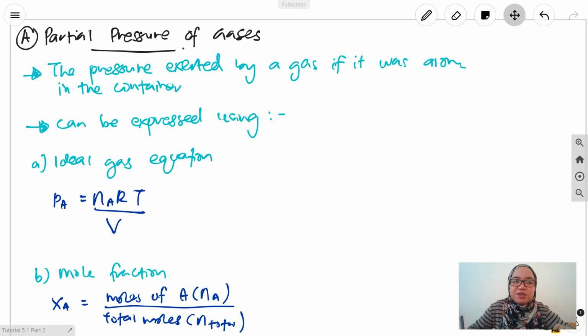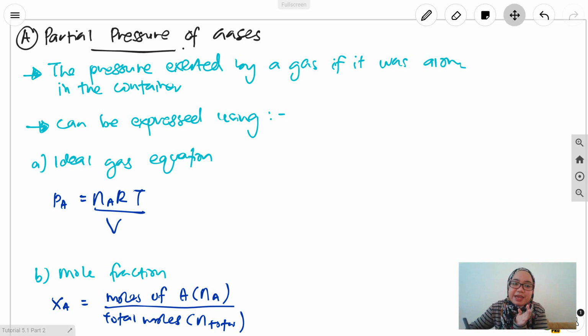So first we need to know what is the partial pressure. The partial pressure of a gas is the pressure exerted by a gas if it was alone in the container.